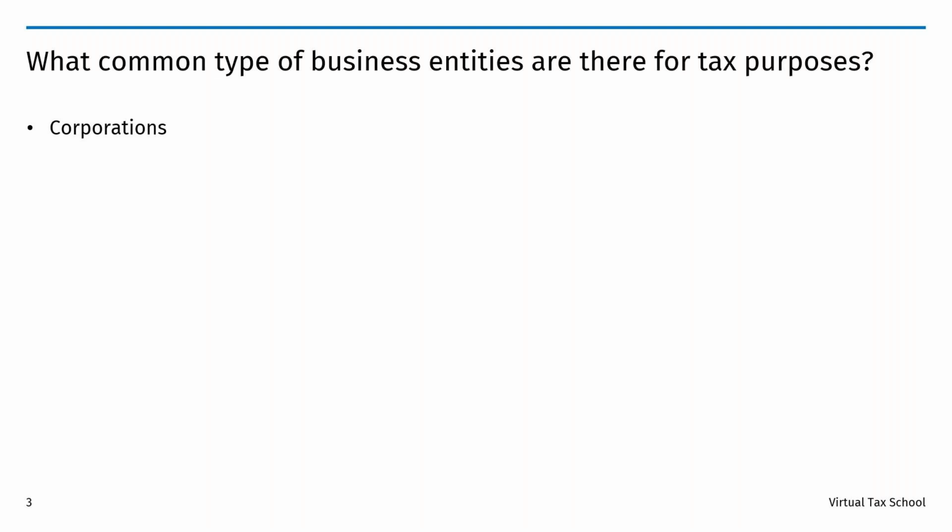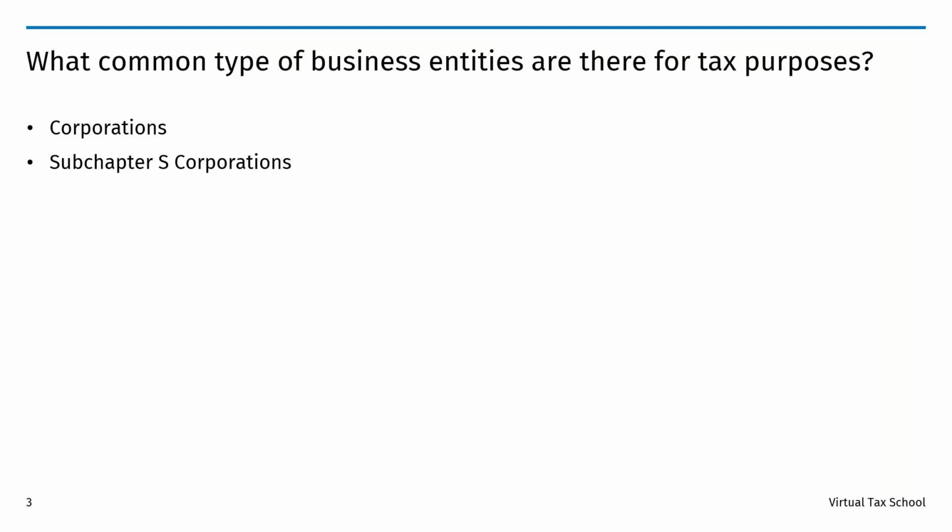And because it is a separate entity, it reports its income on its own separate tax return and pays the federal tax. And then subchapter S corporations. These are corporations organized under subchapter S of the IRS code, commonly called S corporations.